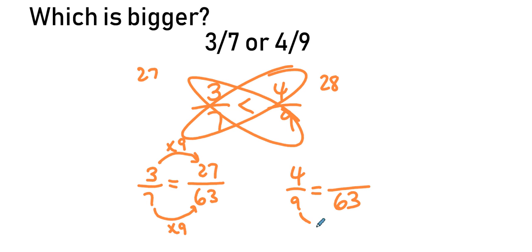If each of the pieces here gets broken up into 7 pieces each, then the 4 we chose get broken up into 7 pieces each. So 28/63 is bigger than 27/63, and that's what this shortcut that you may have seen represents. But this is what's really going on, and you, as a future teacher, have to know what's going on.